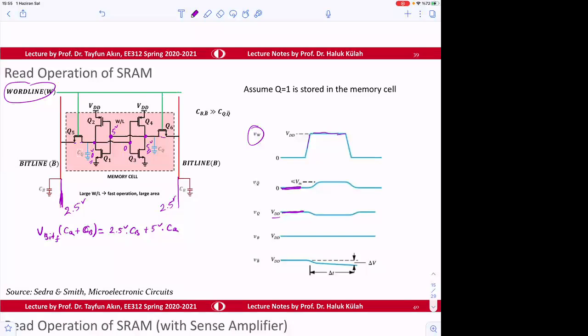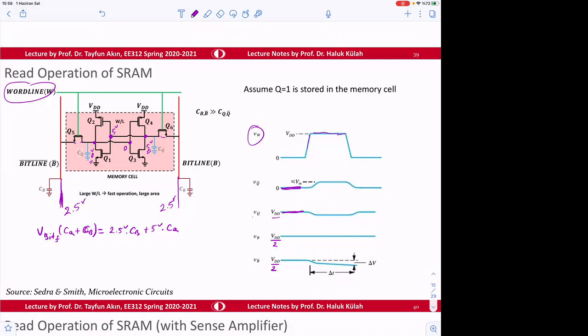So if we read this, the voltage at VB, I think there's a slight mistake here. This should be VDD divided by 2, and this should be VDD divided by 2. The voltage at VB is going to slightly increase.